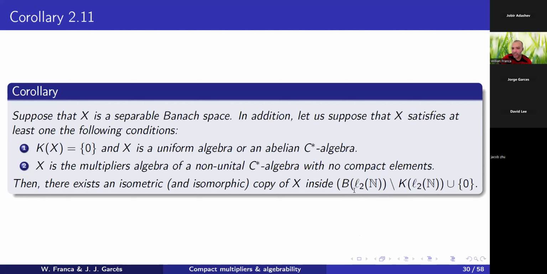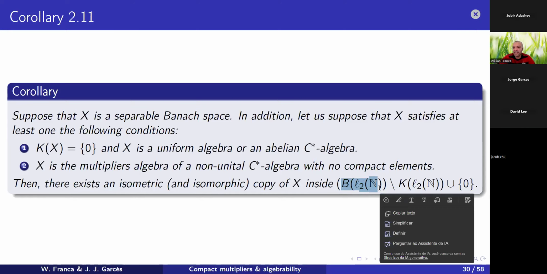Just recall, B(L2(N)) is the set of all bounded linear operators from L2 to itself, all right? And K(L2(N)) is exactly the set of compact operators, all right? So essentially, we have a result of the same nature we were obtaining before. This behaves like L infinity, all right?